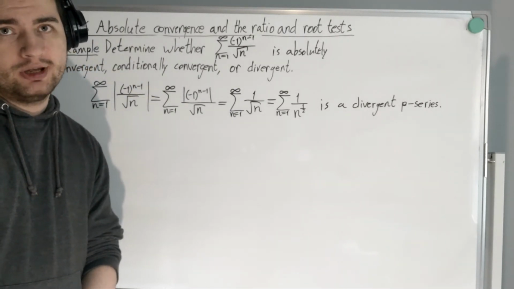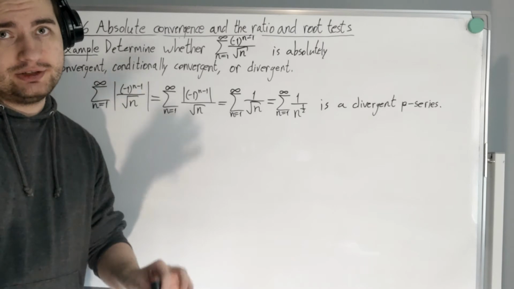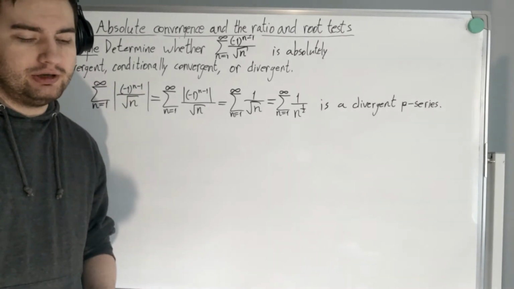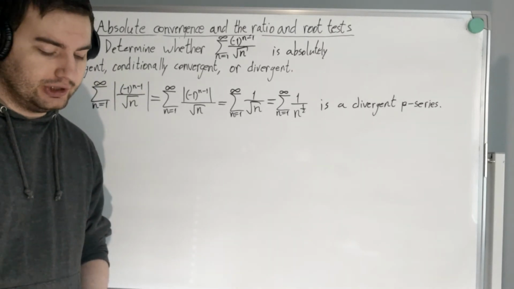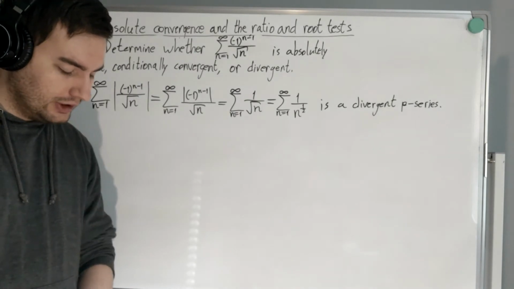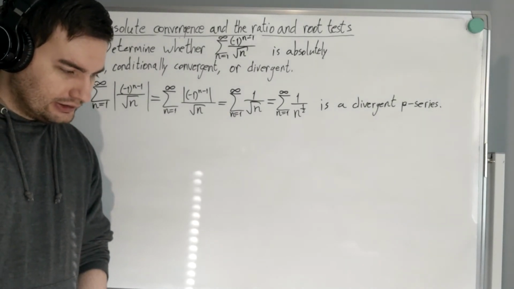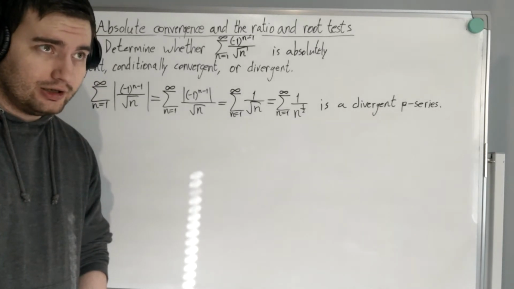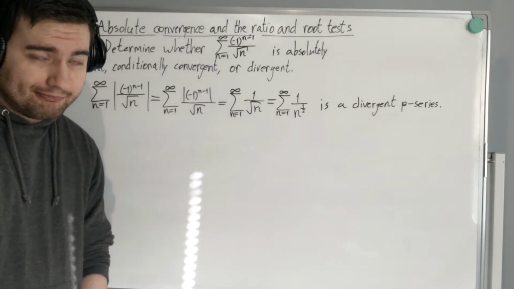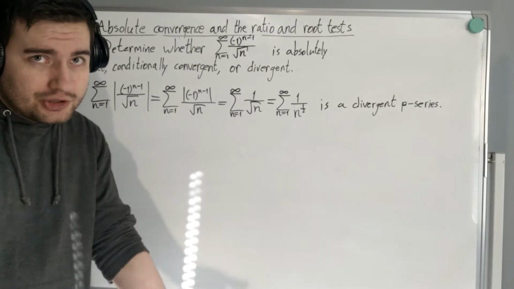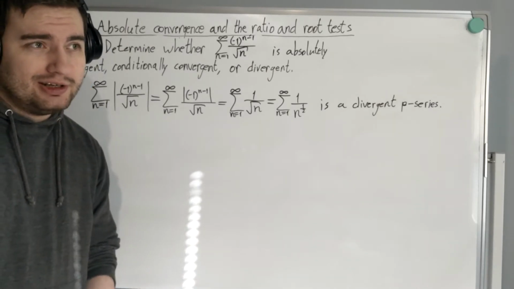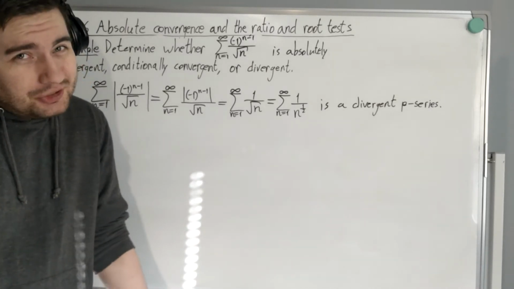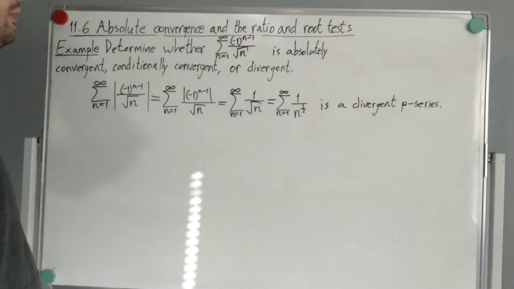Okay? Now, we're not done yet, because now that you've ruled out that it's absolutely convergent, there's still more possibilities there. It's not necessarily convergent. It might be divergent altogether, but at the same time it might be conditionally convergent. So we've got to figure that out now.